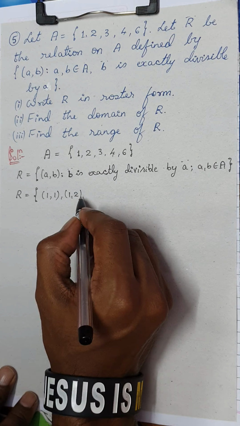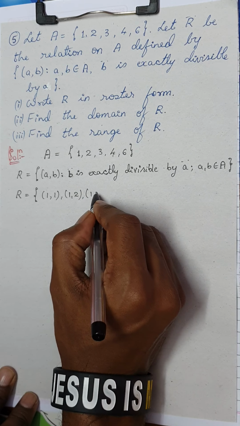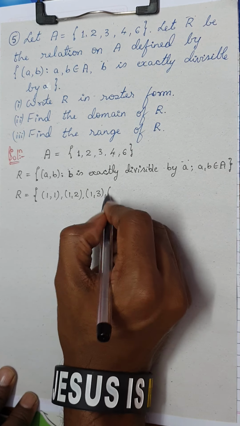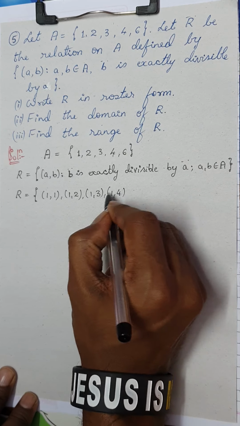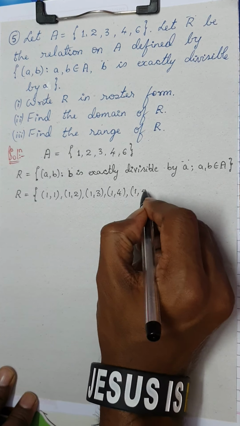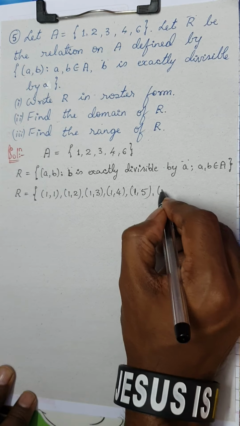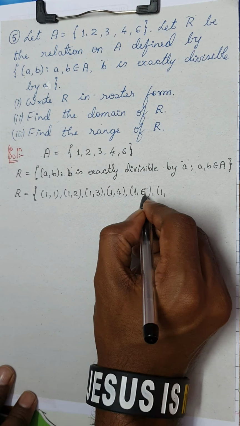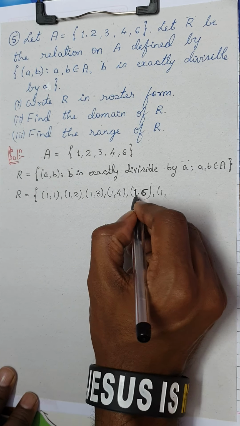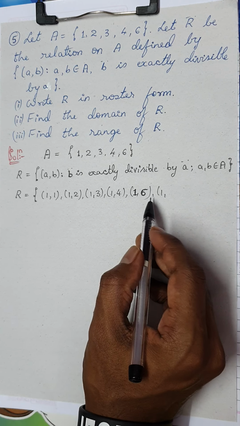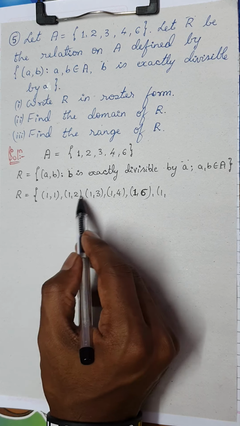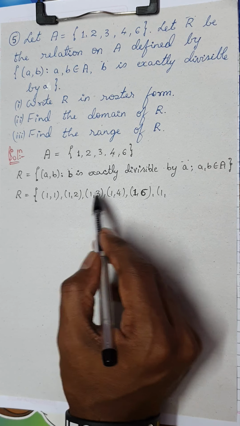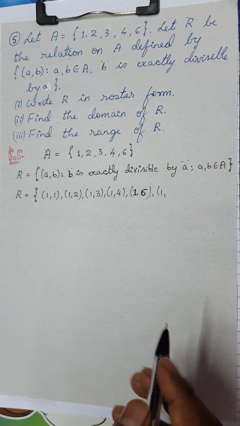So I can take (1, 1), (1, 2), (1, 3) because 3 is divisible by 1, 4 is divisible by 1, and sorry, 5 is not there. The elements are 1, 2, 3, 4 and 6. So I cannot take 5. So 1 is (1, 6). Are you following? 1, 2, 3, 4 and 6 are all divisible by 1.